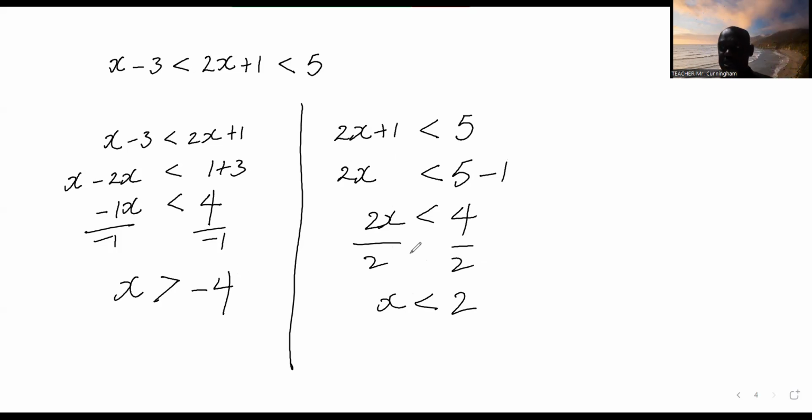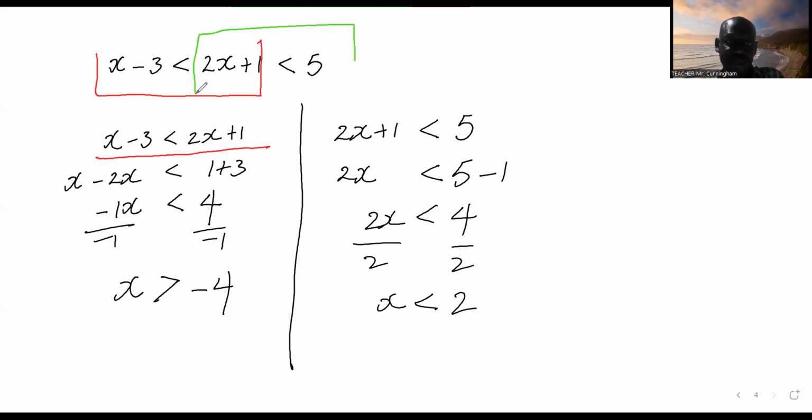All right, what I said, you have to work it in 2 parts. So you work this part here first. This is it here. x minus 3 is less than 2x plus 1. And then you work another part, which is this. 2x plus 1 is less than 5.